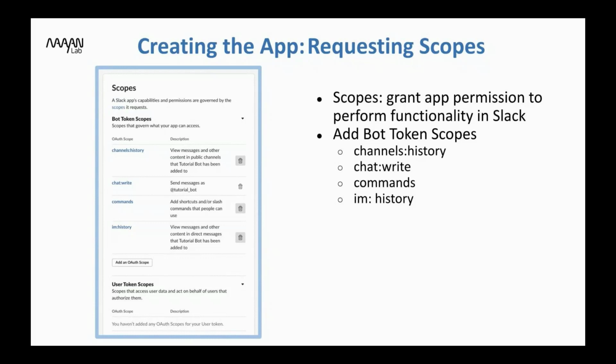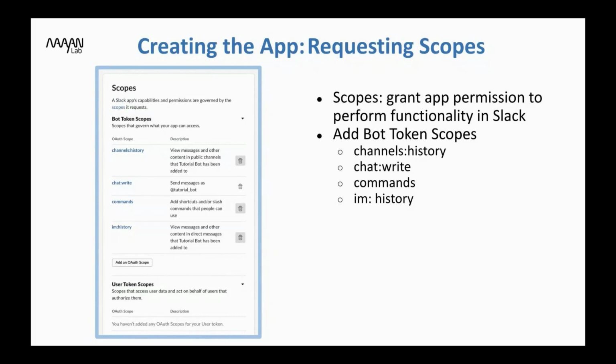They govern the app's capabilities and permissions, so it'll allow your app to recognize different events, such as read messages or see if someone was added to a channel, and perform actions like write in a chat or react to a message.